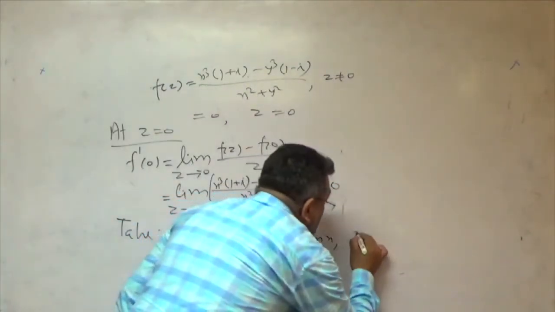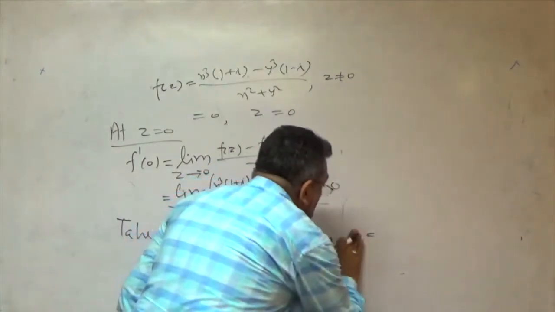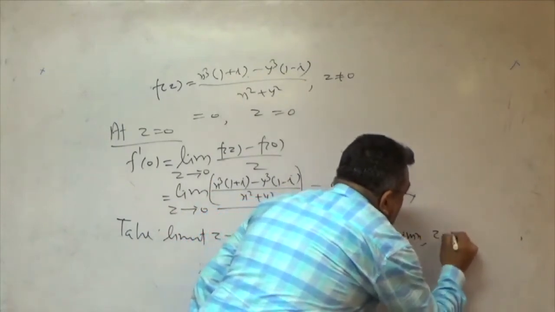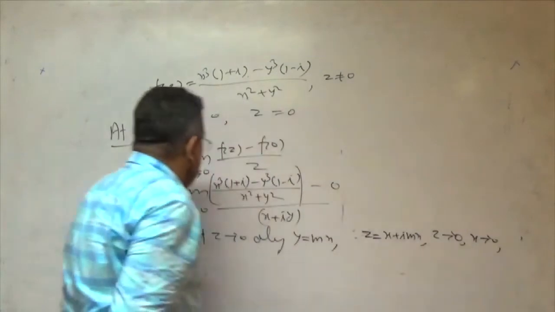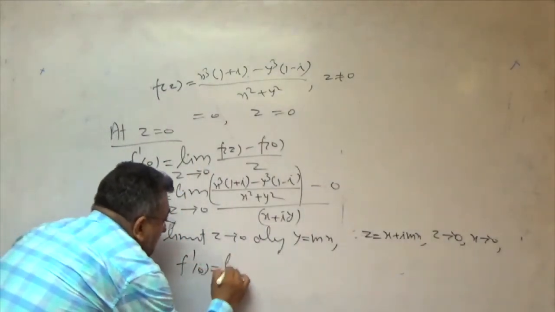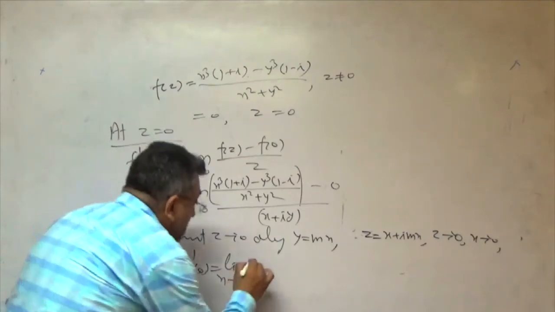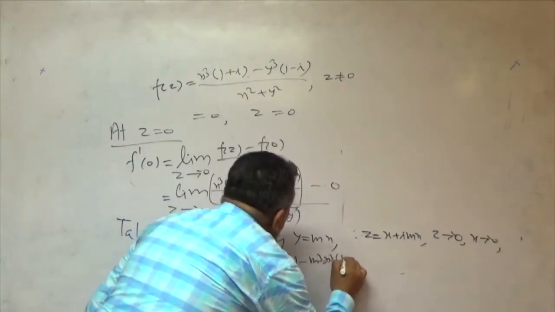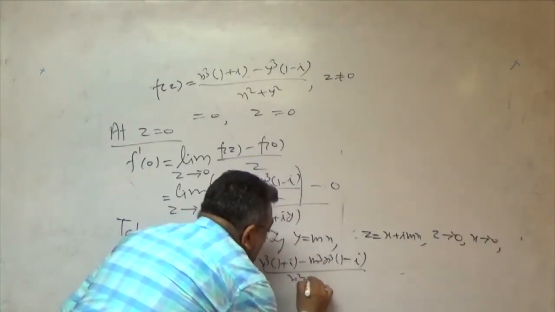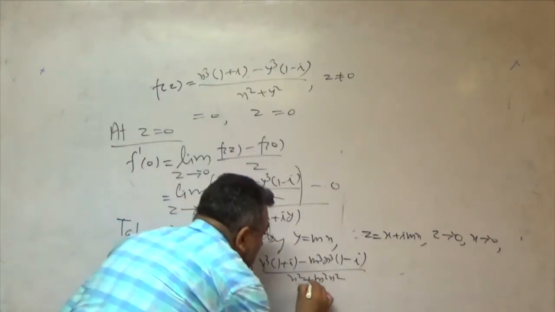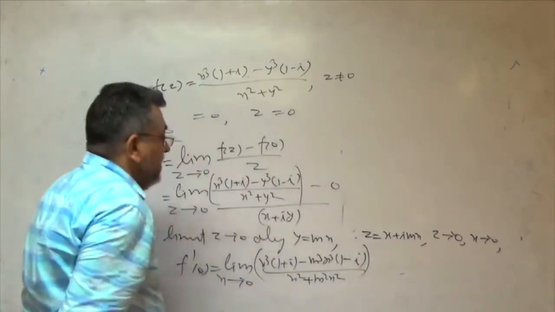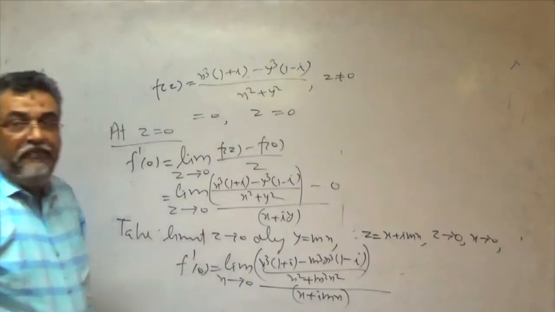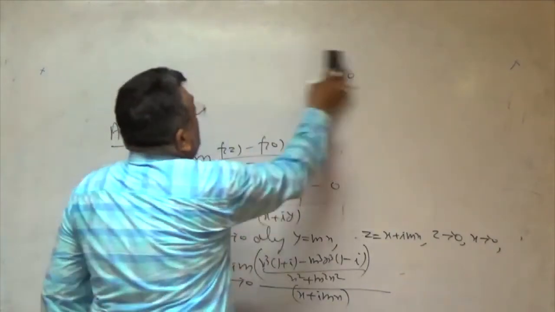If we take this path, then z is equal to x plus i mx, since you are putting y equal to mx, and when z tends to 0, then x tends to 0. Then this limit is f dash 0 equals the limit x tending to 0 of (x cube (1 plus i) minus m cube x cube (1 minus i)) upon (x square plus m square x square) times (x plus i mx). Now calculate this.